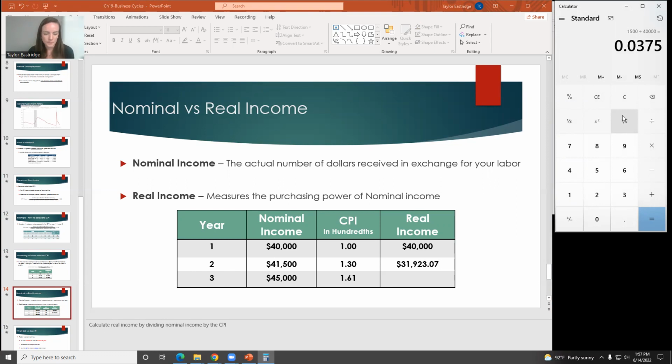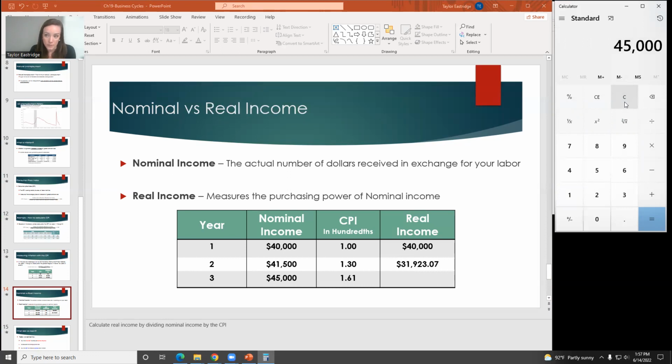So let's look at year 3. Let's say I get another raise. My new salary is $45,000. So that's like a $3,500 raise divided by 41,500. I got like an 8% raise this year. That's really exciting. Well, what's going to happen to my purchasing power?